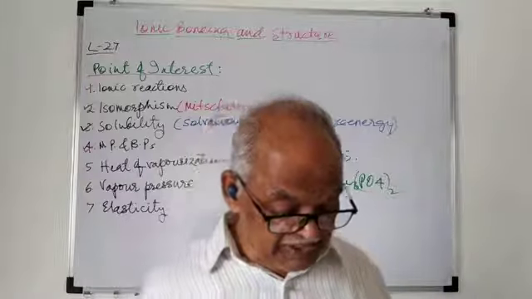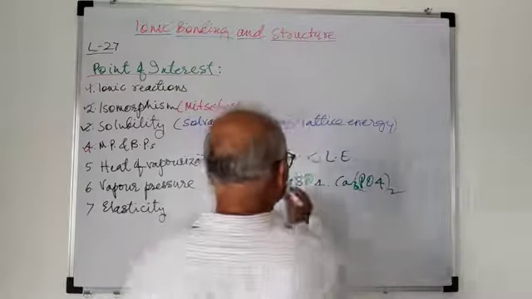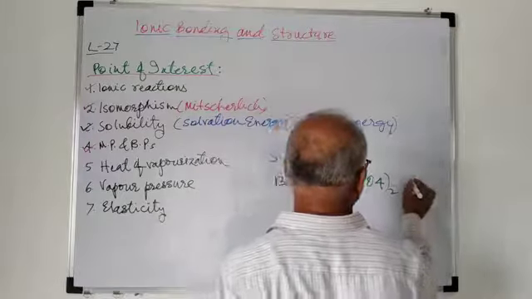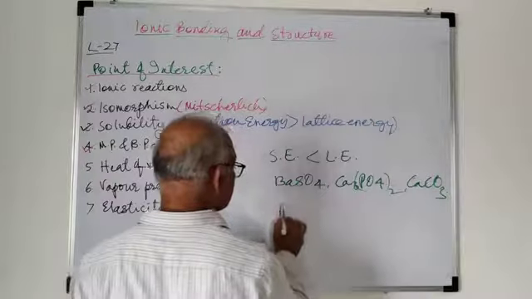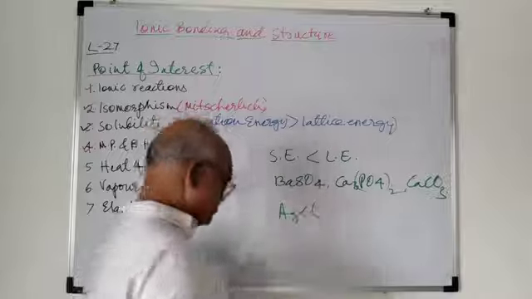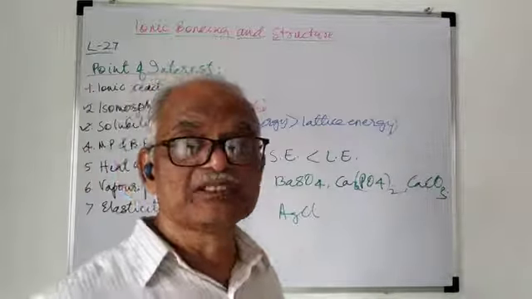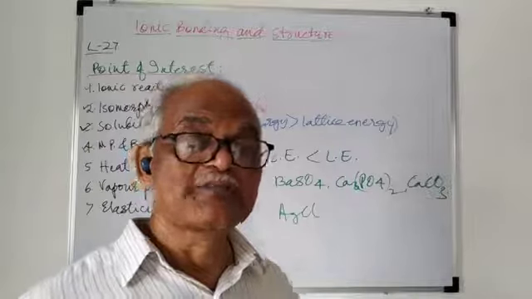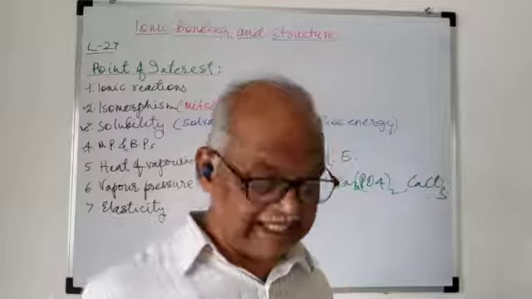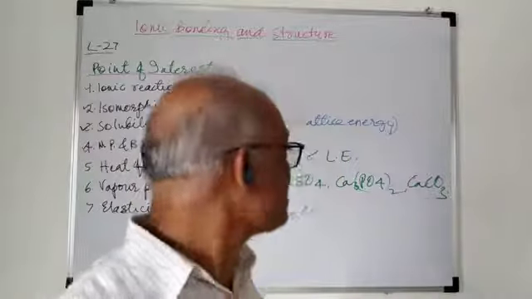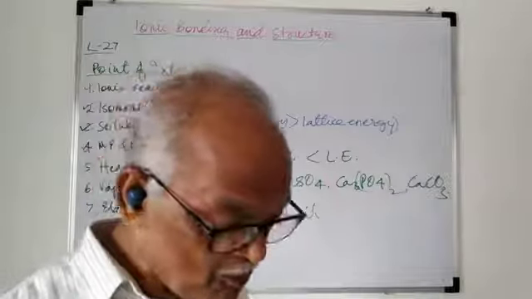Or there are many such solids which have low solubility in water, like calcium carbonate and AgCl. There are several such examples which show less solubility, or they are sparingly soluble, and these compounds are therefore said to be insoluble in water.